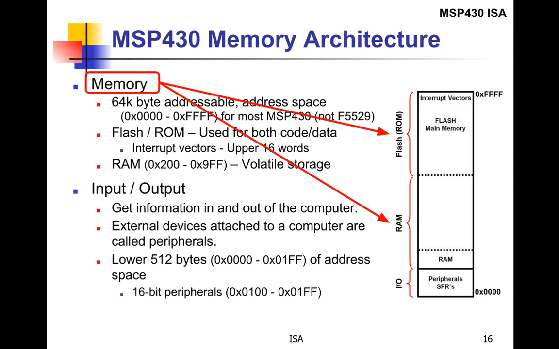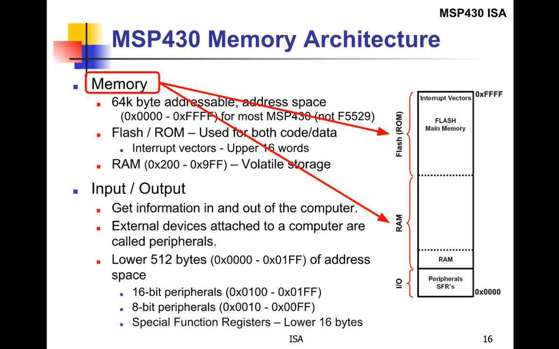So those are 16-bit peripherals in the lower 512 bytes. 8-bit peripherals are in the very lowest bytes. And special functions, I guess they're in the very lowest, the last 16 bytes, 10 in hex.